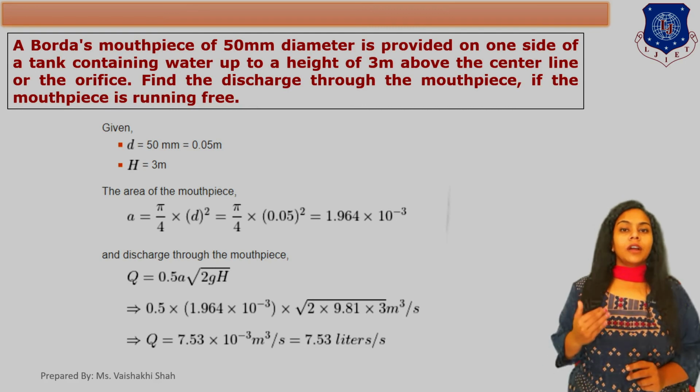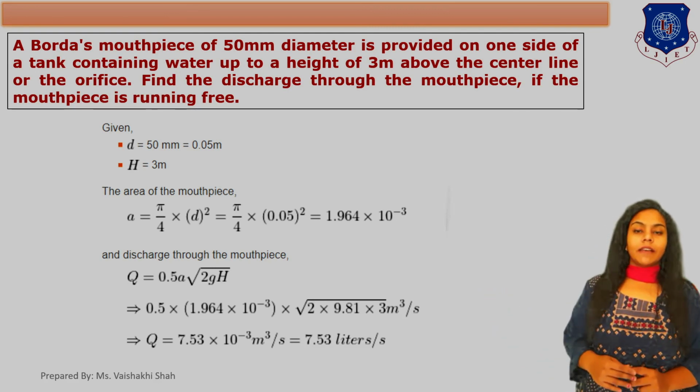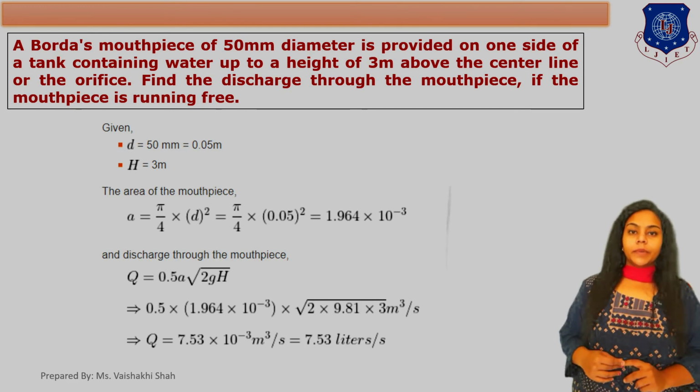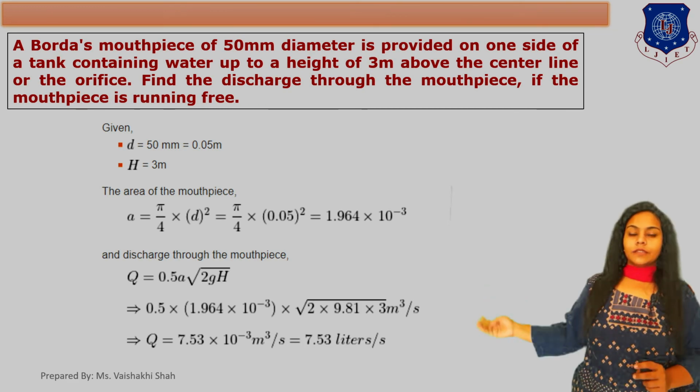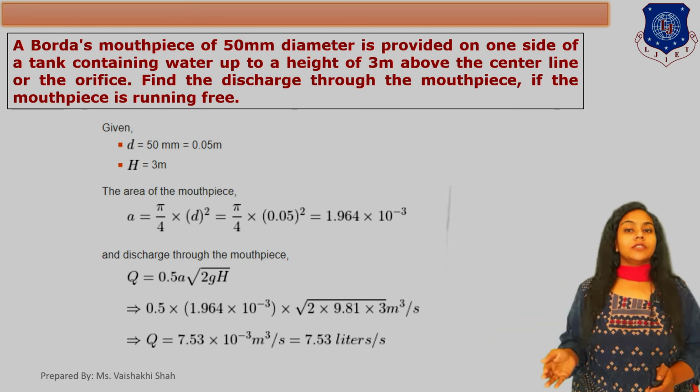And if you convert that into liter per second, then your answer is 7.53 liter per second. Okay. So this is discharge through Borda's mouthpiece, which is running free.